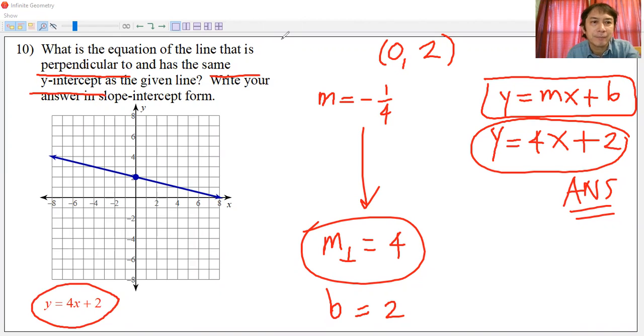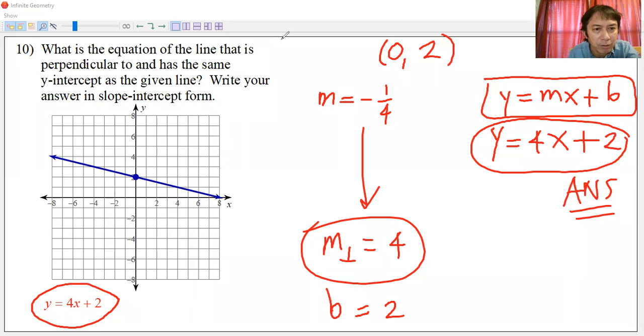And that's it. We were able to determine the answer. It's y is equal to 4x plus 2. That's the required perpendicular to the blue line.